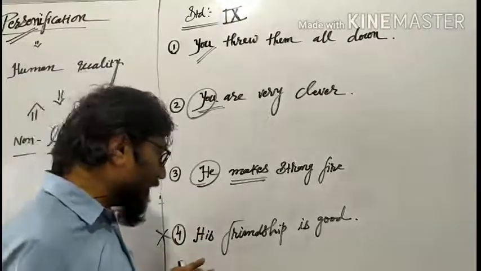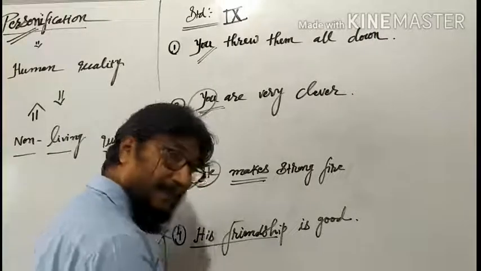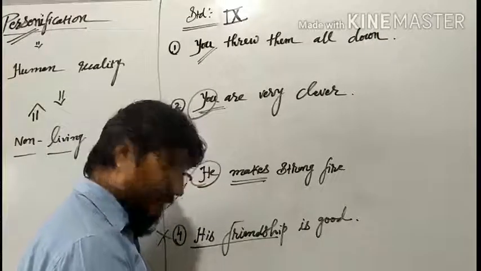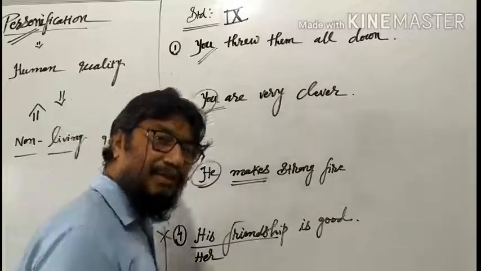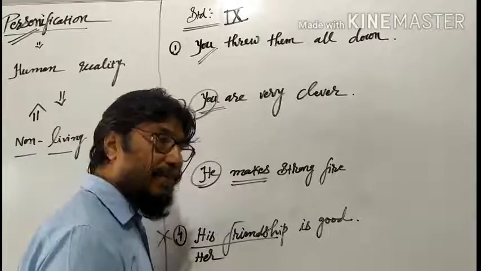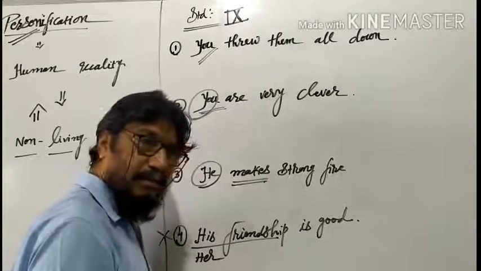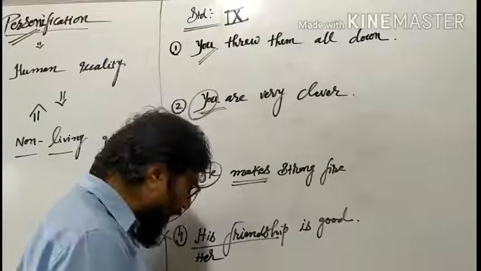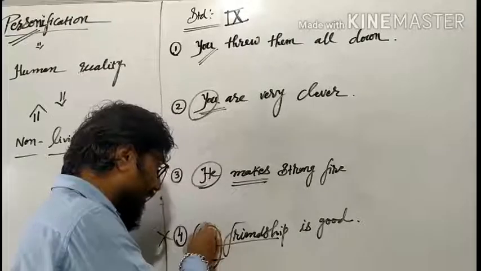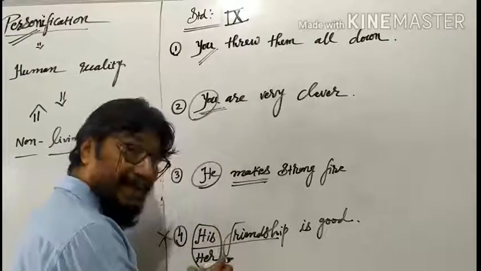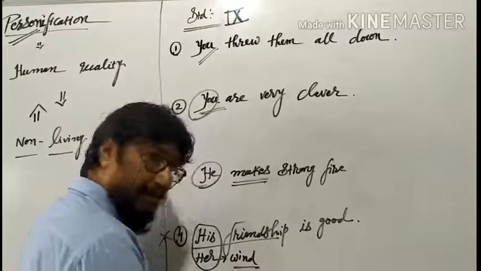Next one is "his friendship is good." His friendship, or her friendship: friendship of Radha, Meera, Krishna, Sita, anyone. Here we have identified a person, he or she, but this he or she is explained here for the wind.